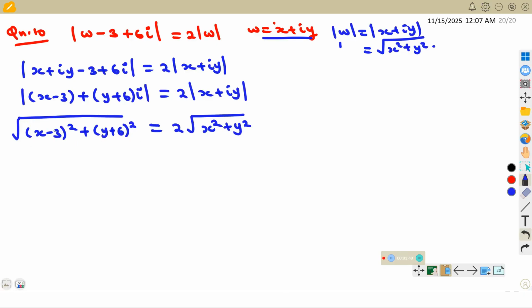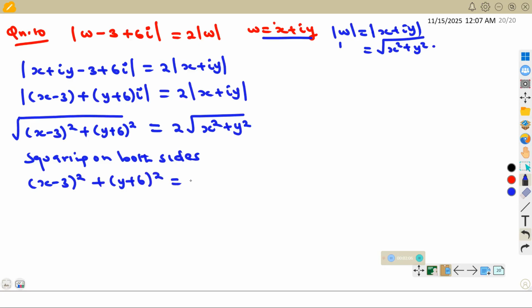So from here we shall square on both sides. So squaring on both sides, we shall be able to get x minus 3 squared plus y plus 6 squared, which is equal to 2 squared into x squared plus y squared.